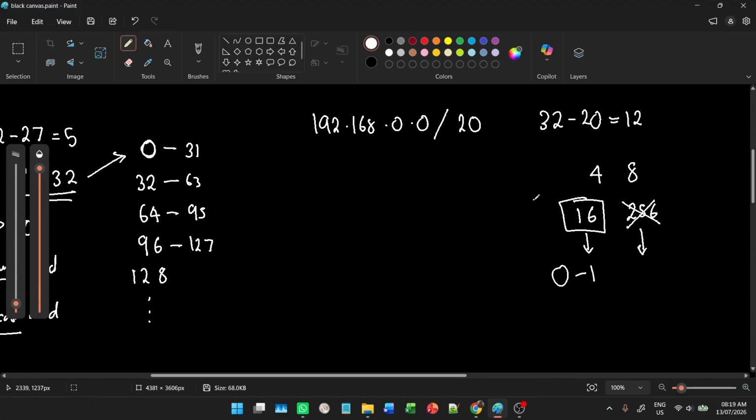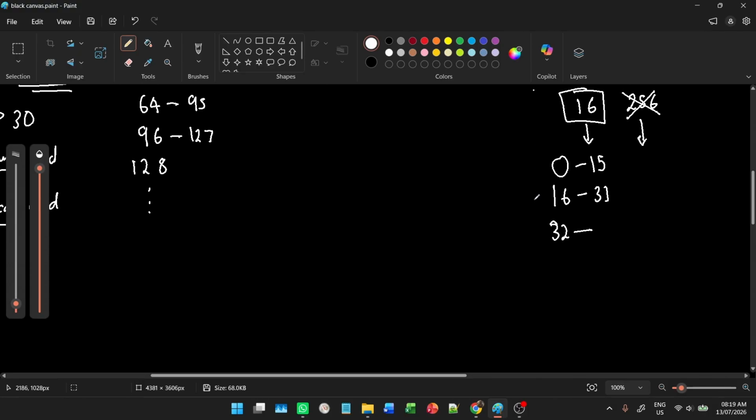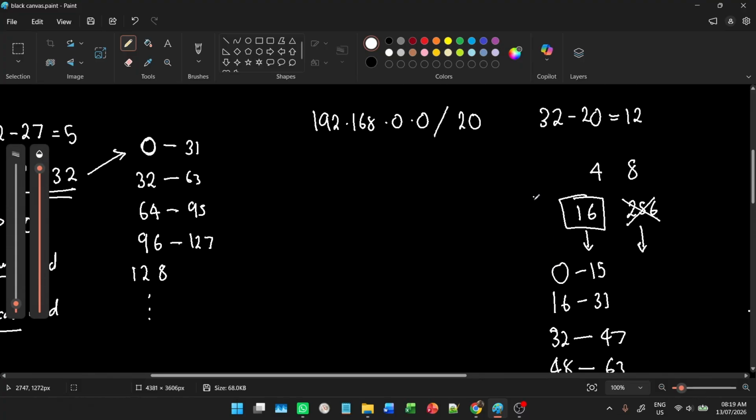So we're going to put 0 to 15, 16 to 31, 32 to 47, then if you add 16 here, you get 48 to 63, and so on and so forth.